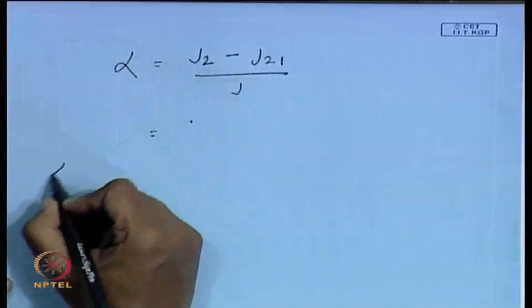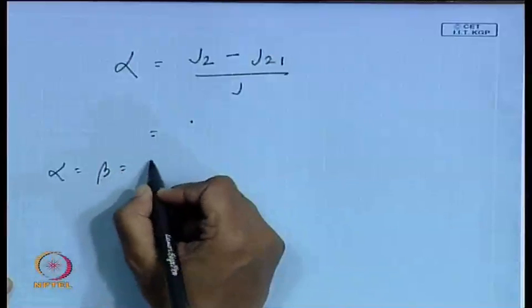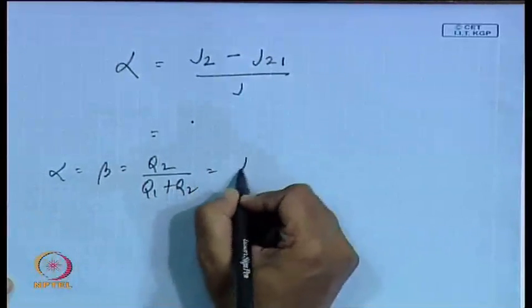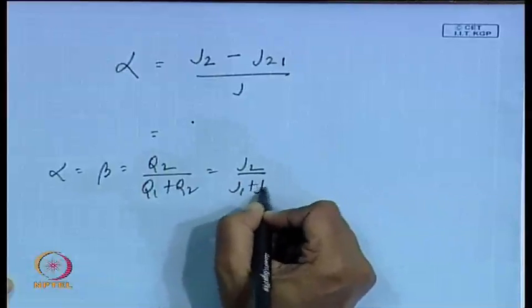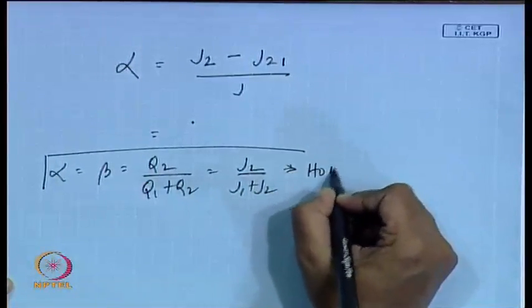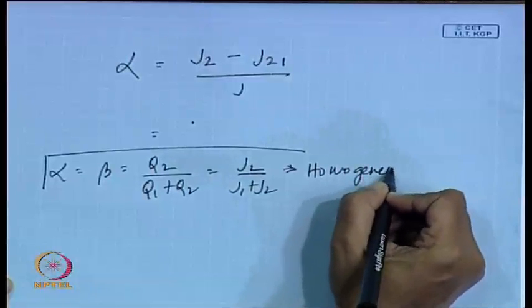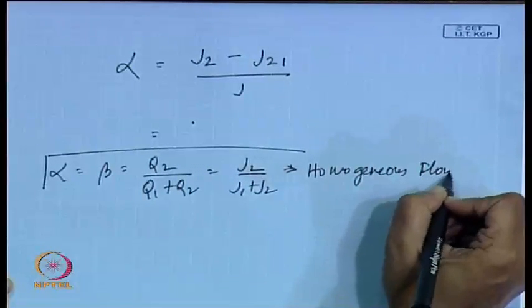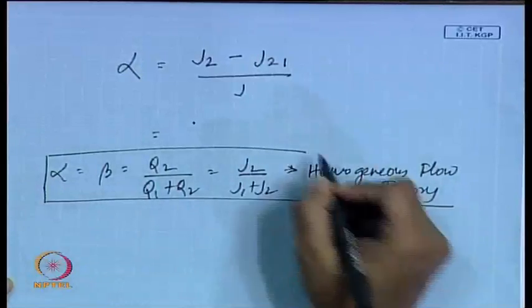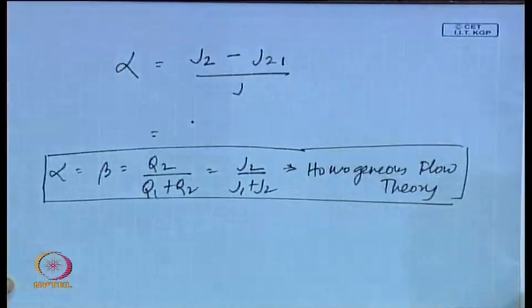Alpha equals beta. For the homogeneous flow theory, we get this equal to Q2, and this is nothing but J2 by J1 plus J2, is it not, for the homogeneous flow theory. Yes or no? We get this from the homogeneous flow theory, agreed.